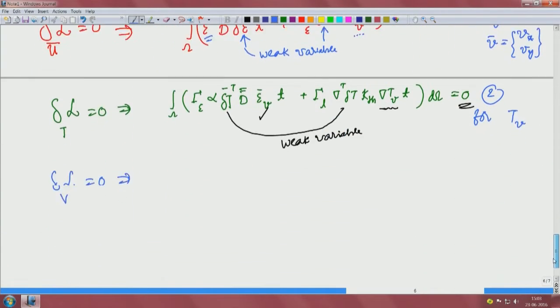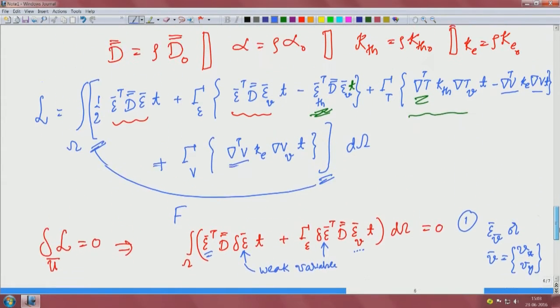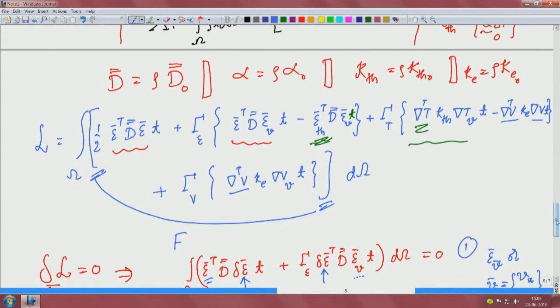That will be over, this will have a minus because that has a minus there, del v transpose Ke del v, okay, and of course, we have that gamma v, and this is a minus sign. Let me put that properly, minus sign t, that is the first term that we got where v is.